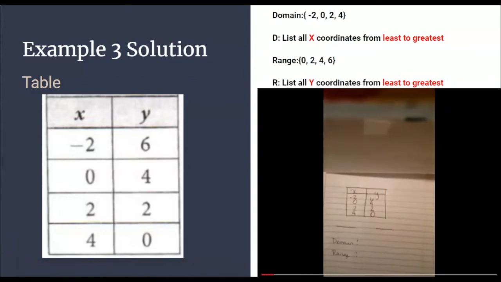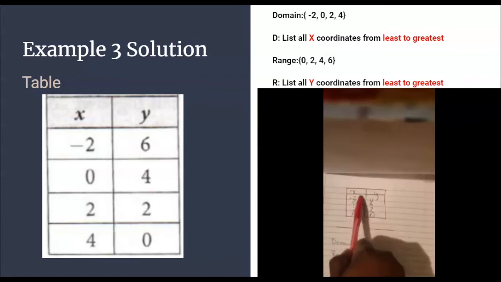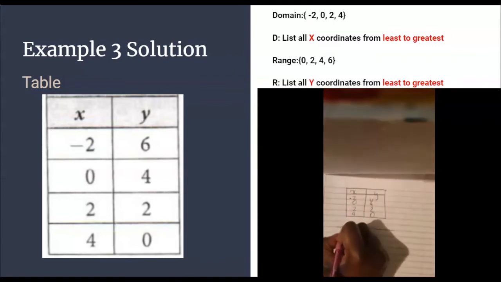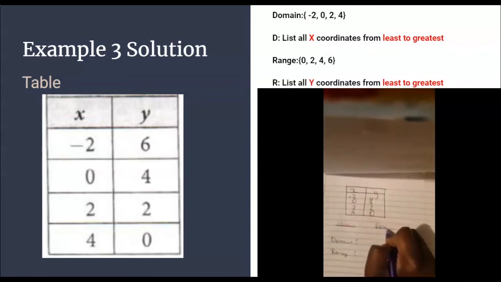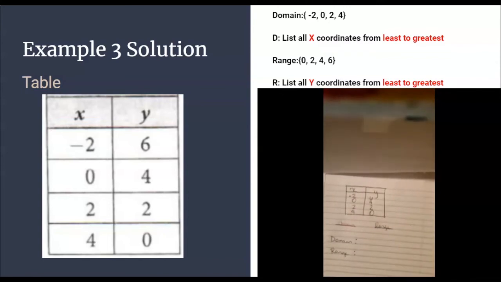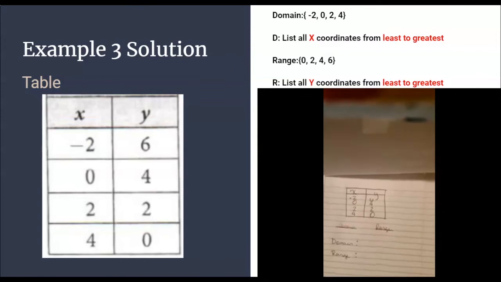For example number 3, you were given a table and asked to identify the domain and range. The first thing that we need to recognize is that all of our x coordinates are considered our domain, and all of our y coordinates are considered our range values. What we need to now do is to put them in order from least to greatest.